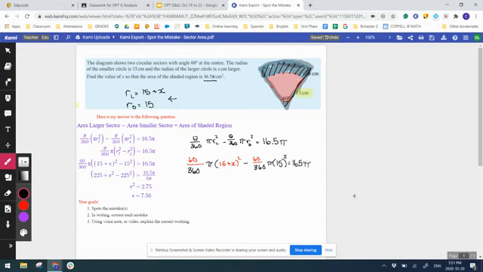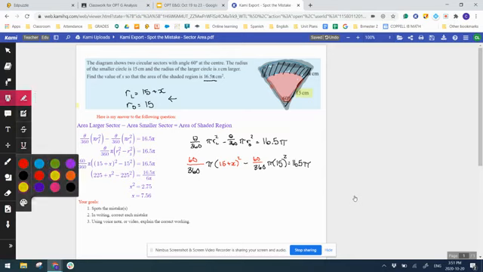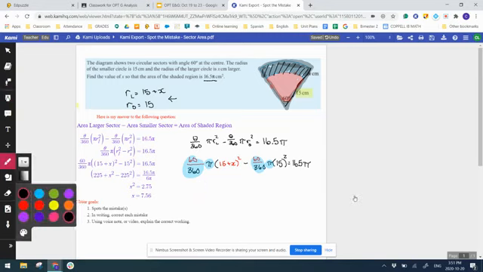So then I can start to notice some things. Solving for X right now is going to be annoying because X is in this squared term. So we're going to start getting rid of some of these. I can see that both of these terms have a 60 over 360. That means I can factor it out. Both of these terms have a pi. That means I can factor it out. So if I factor those out, I'm going to now have one copy of 60 over 360 pi.